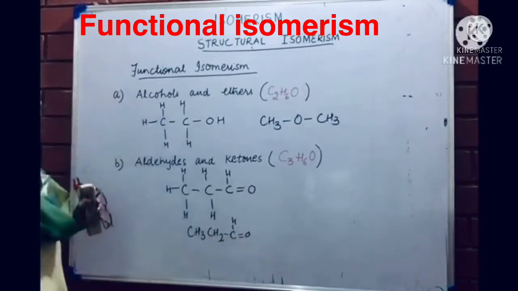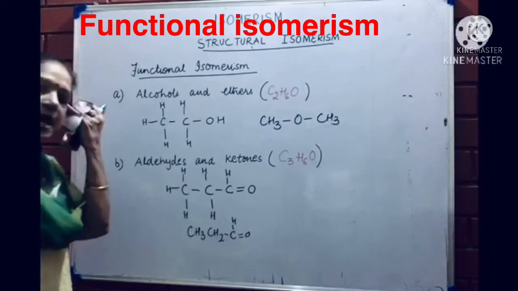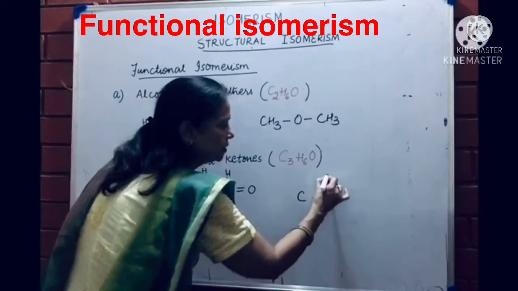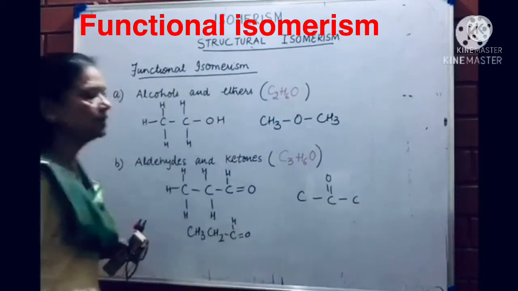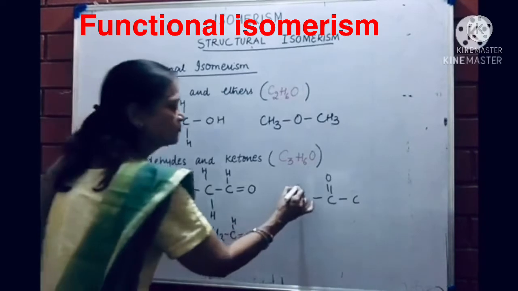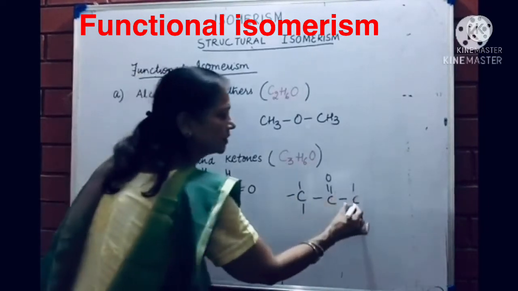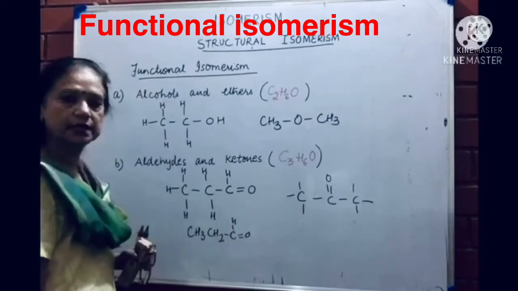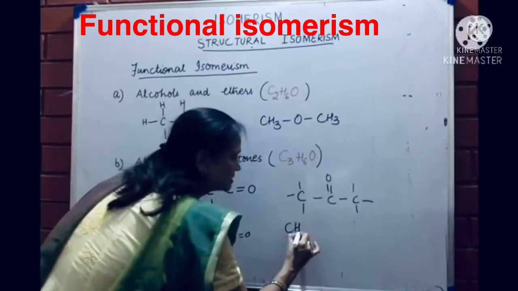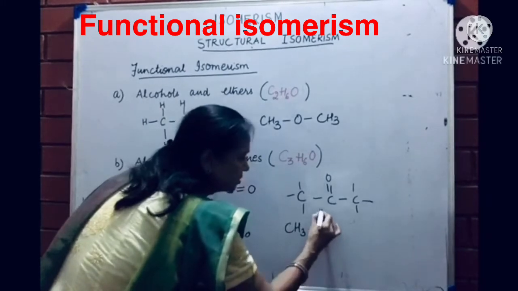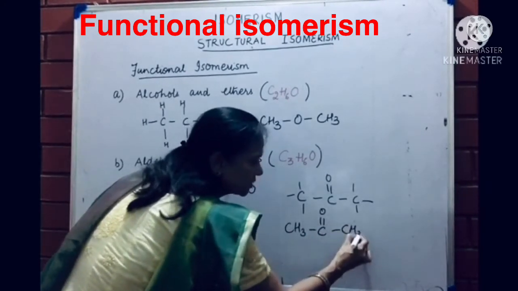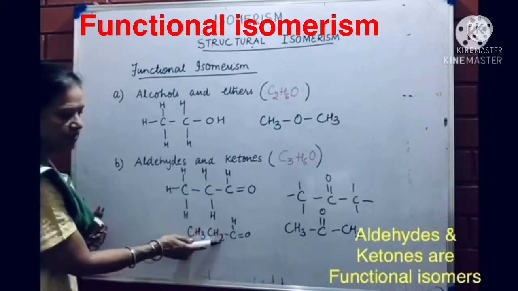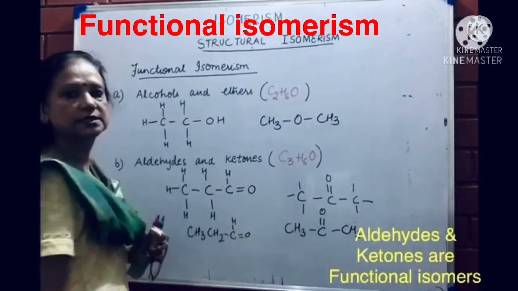So now one compound is an aldehyde, the other has to be a ketone, which means the center carbon atom must contain the oxygen. So I have to put 3 hydrogens here, 3 hydrogens here. This will not get any because 1, 2, 3, 4 are already complete. So this formula becomes CH3COCH3. So the molecular formula remains the same.